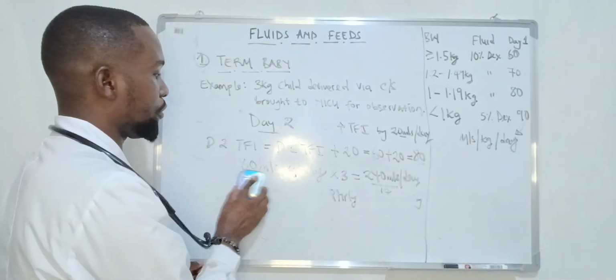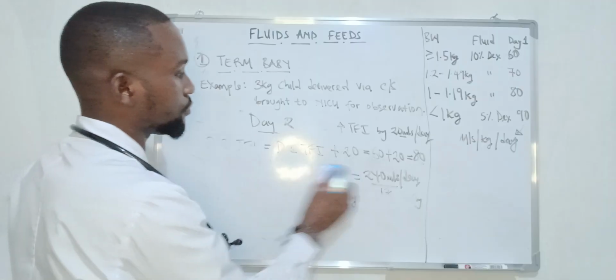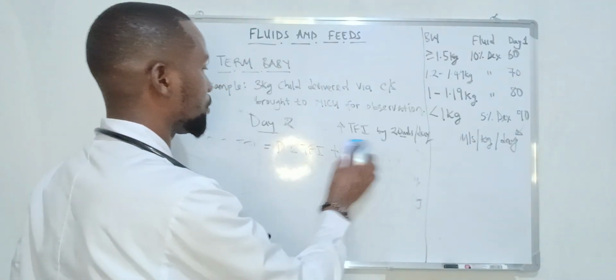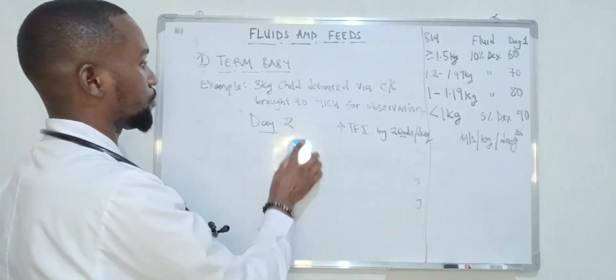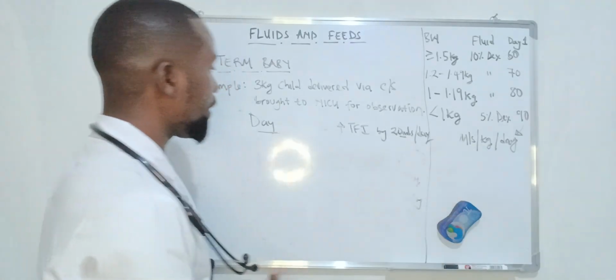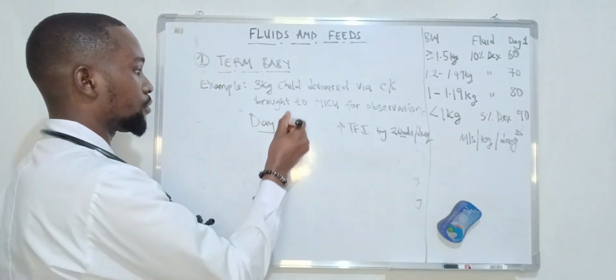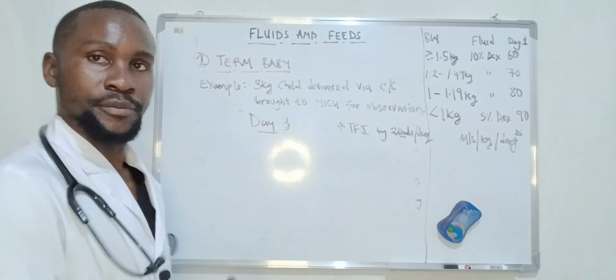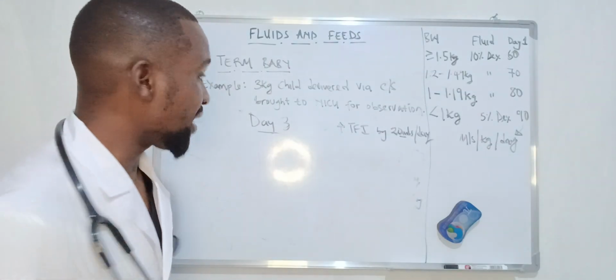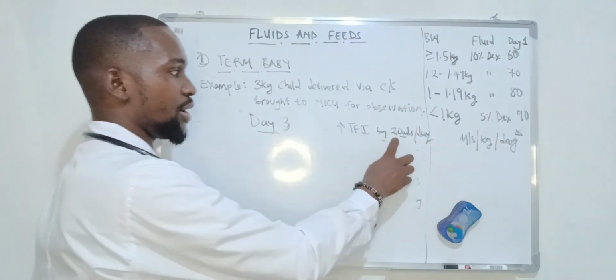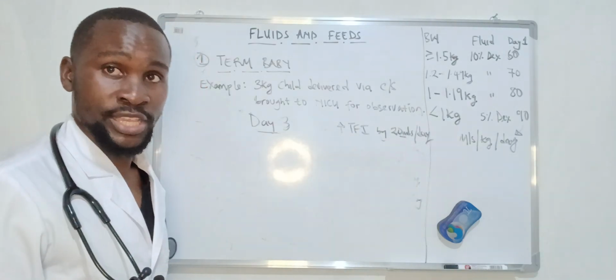Then let's go to day 3. On day 3, how are you going to feed this child? Remember that we're increasing our TFI by 20 mils per kg per day, isn't it?